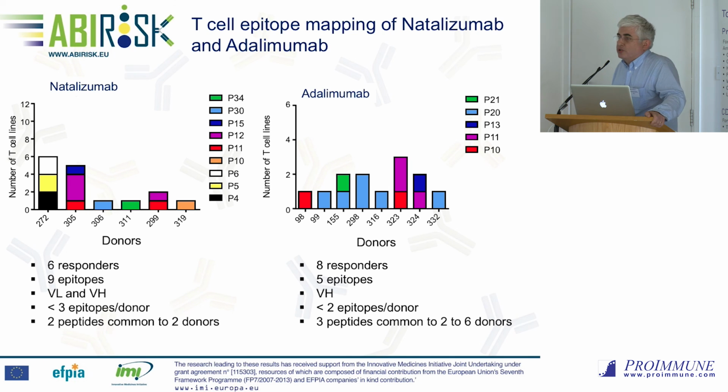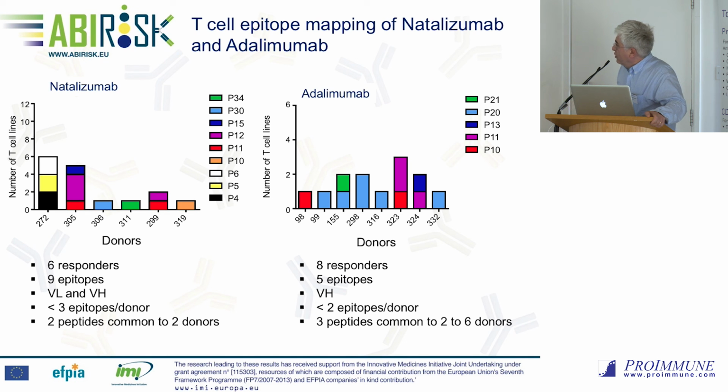This is just partial results, and the study is still ongoing, and especially we did not have the data with the binding assays. So just to tell you that with natalizumab, it's maybe more difficult to derive T cells than with the others, but we succeeded in getting 6 responder donors.